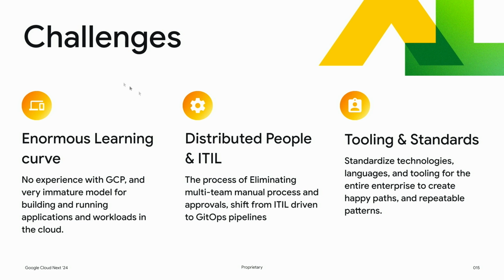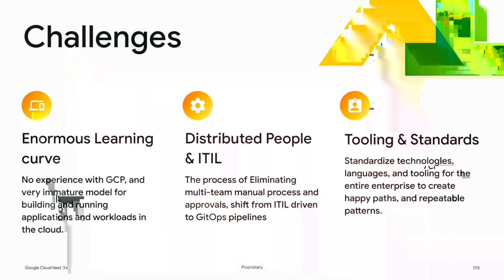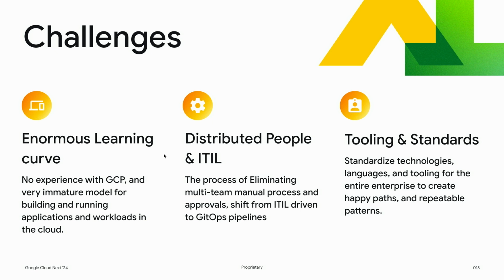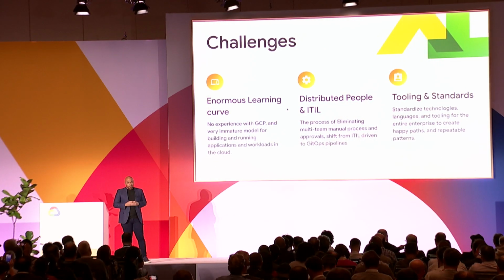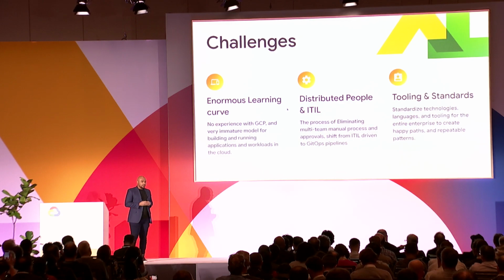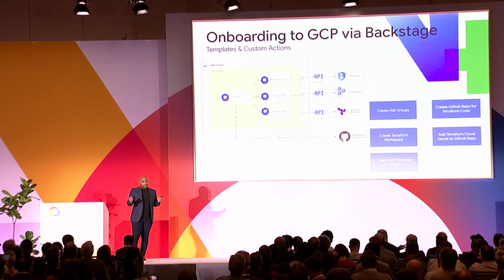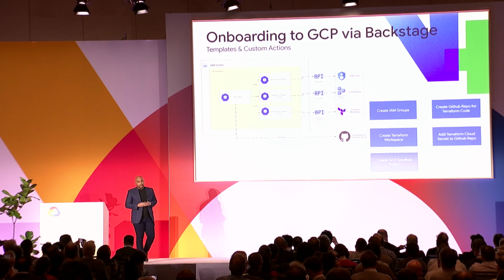So where did that put us? That put us at a long line of not being able to get into GCP and get it to a point where we could be successful and get developers in there. Which leads us to our first use case with how we use Backstage.